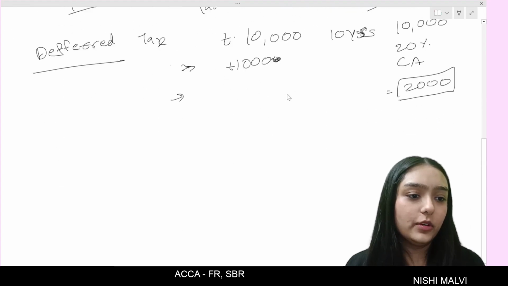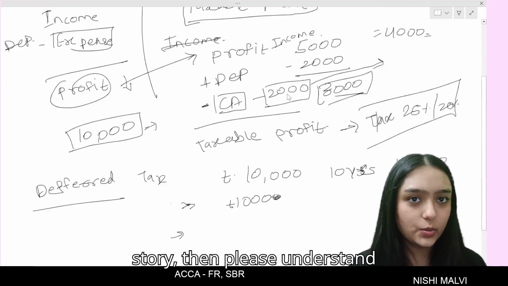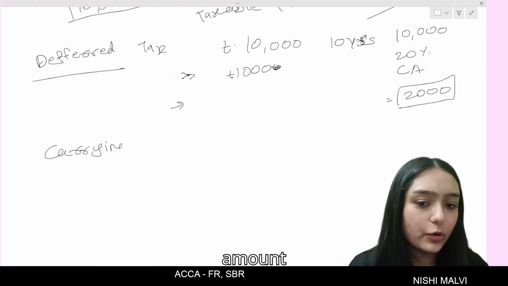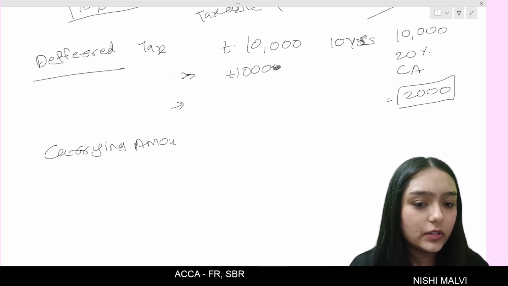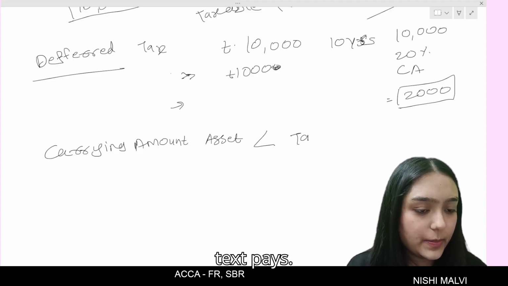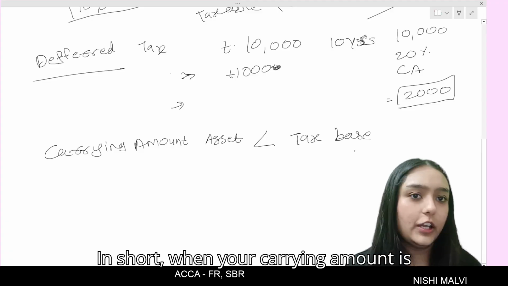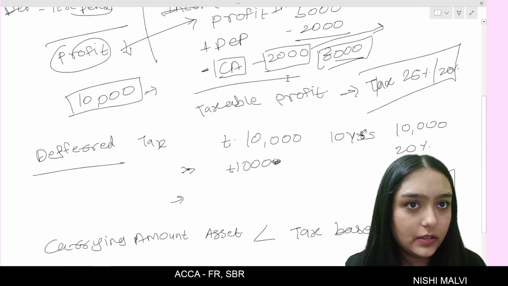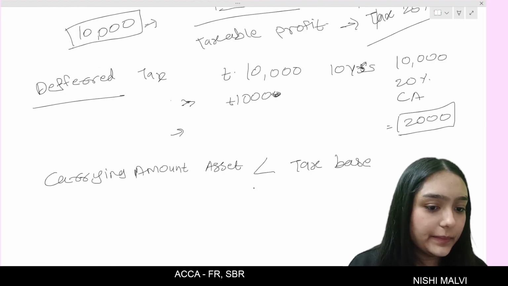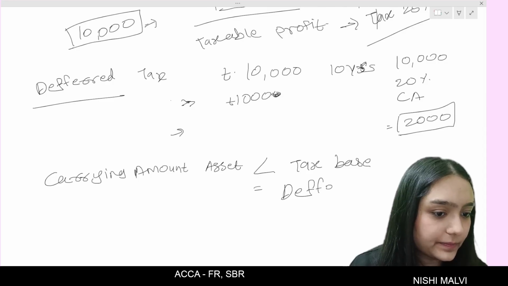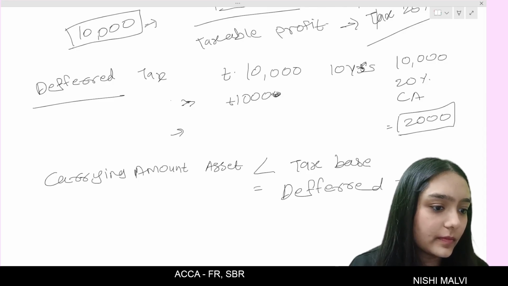If you remember the story, then please understand: when your carrying amount of the asset is less than the tax base, then you can say it is a deferred tax asset.